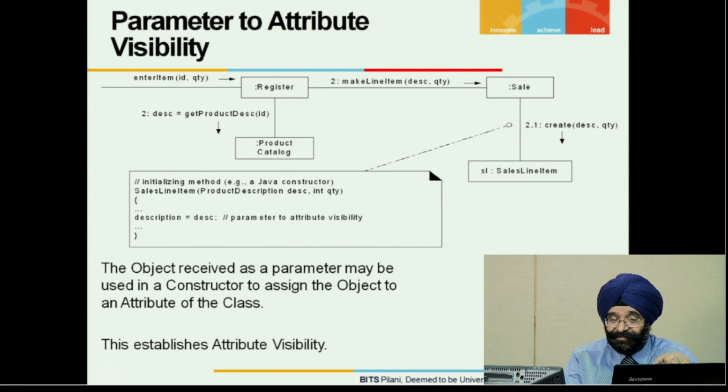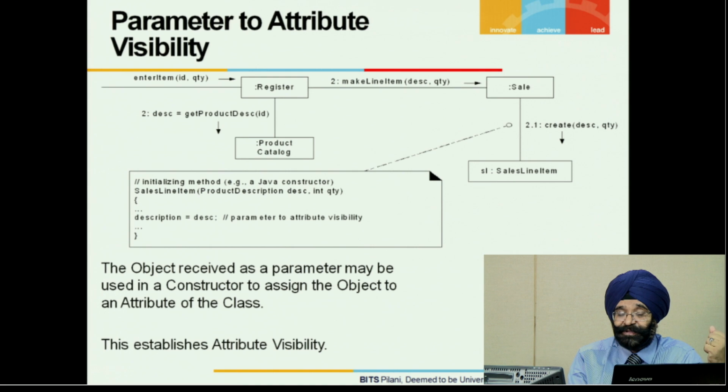Now this DSC gets passed there, and with this a sale line item will be instantiated, and this sale line item will now continue to have attribute visibility to sale, because sale line item is an attribute. The SL is a reference to an object of type sale line item, which is an attribute in sale.